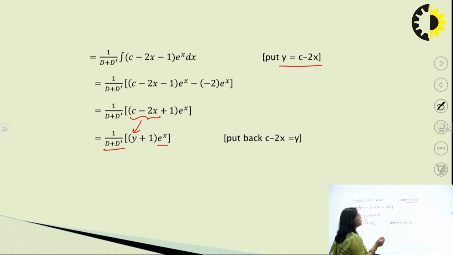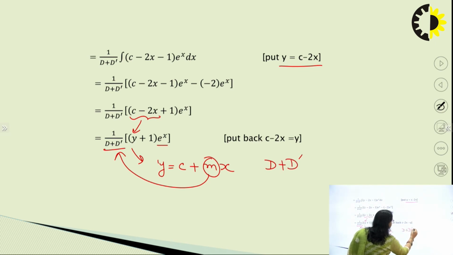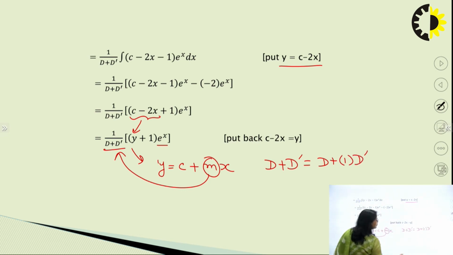So again we will proceed as we have just proceeded. We will replace this y by some constant plus mx, but this m this time will be taken from this factor D + D'. So if I write D + D', can I write it as D + 1 into D', and therefore I get m equal to 1.